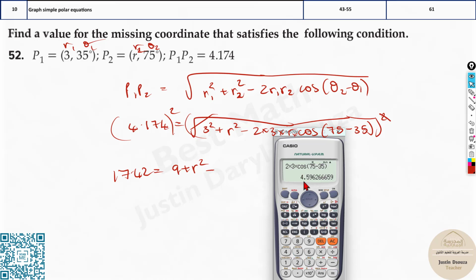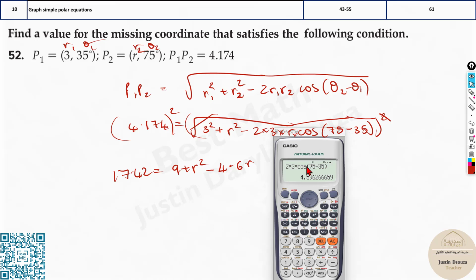The answer is 4.59, but there's a minus sign which remains. This minus sign is already there. I'll take it as 4.6. If it was minus 4.59, then I would have to make it plus here. Now it's not over, there is r. Don't forget the r, which is a variable. So this is the simplification here.